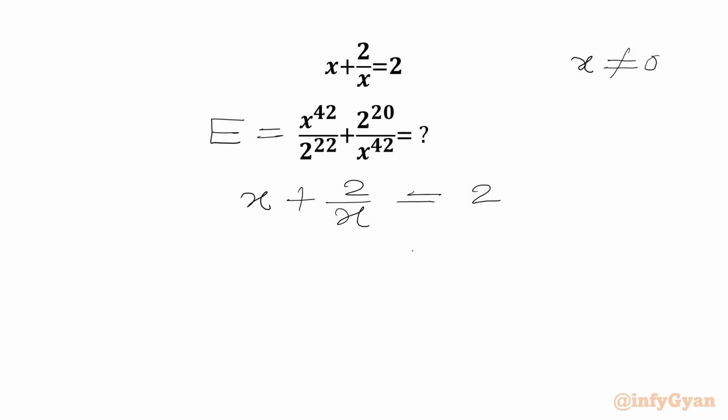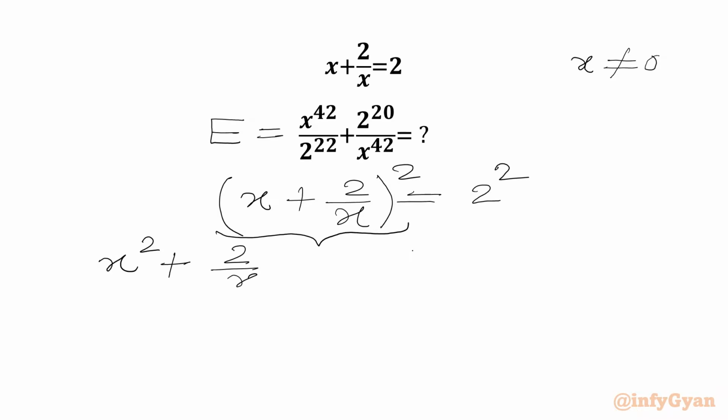Now we are going to square both sides. So we'll put power 2 on the LHS and RHS. We will use the (a plus b) whole square identity here, and we can write (x plus 2 over x) whole square, plus 2 times x times 2 over x, equals 2 square, which is 4.